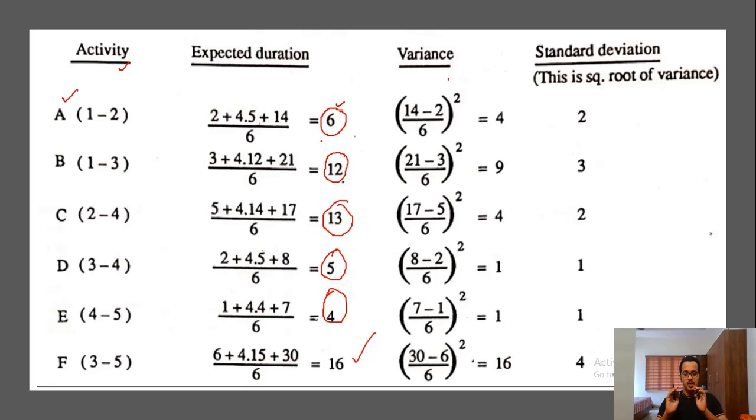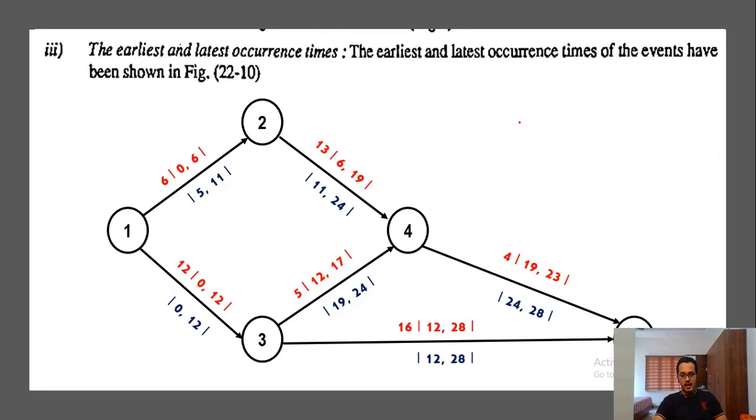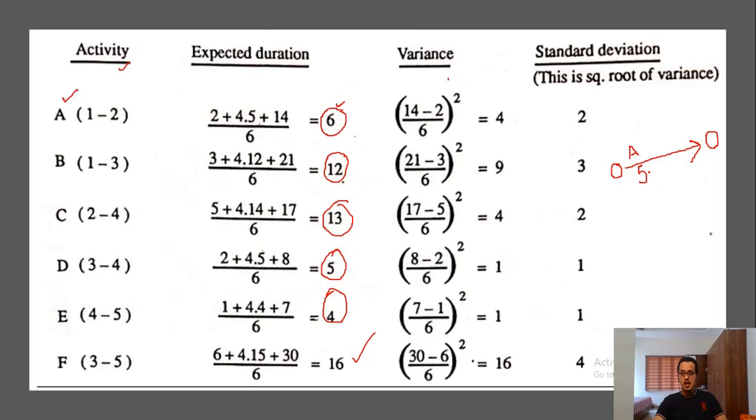Compare what we learned in the critical path method and bring some concepts of that method to PERT. In the critical path method, I hope you remember that we used an arrow with two nodes, and we wrote the activity name and the corresponding duration. Here, we use the values of expected duration as the duration of the activity.